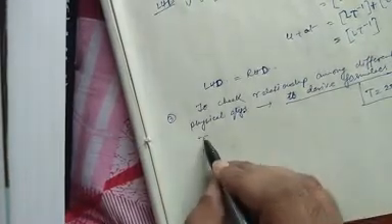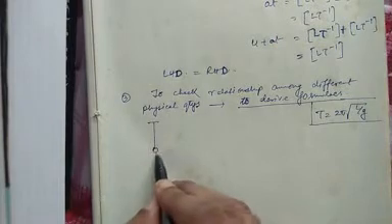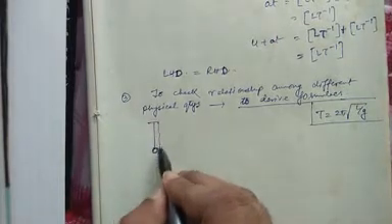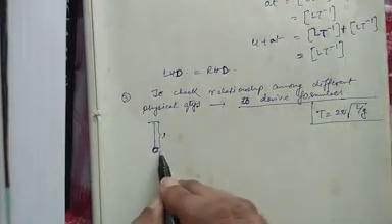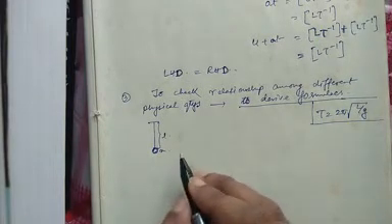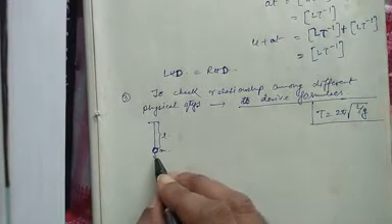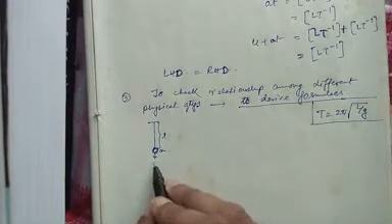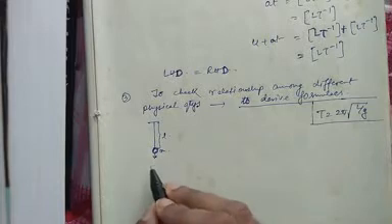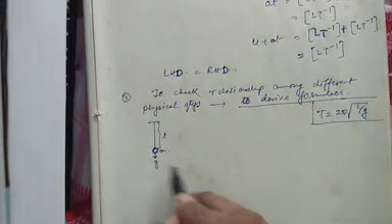We have a pendulum. Length of the thread is L, mass of the bob is M, and gravitational attraction, or acceleration due to gravity, is g.